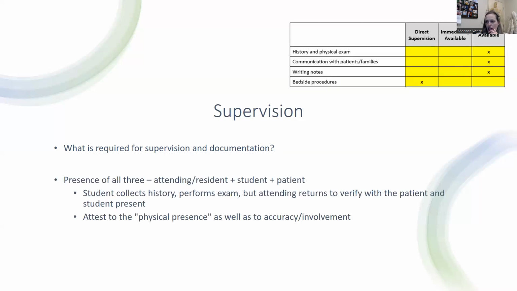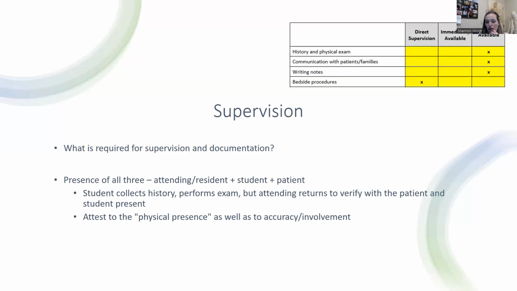For documentation, your student can write your notes and they can provide independently the history, but you need to attest to your physical presence in the visit so that you were involved in the exam and the medical decision making and that you confirmed the history.